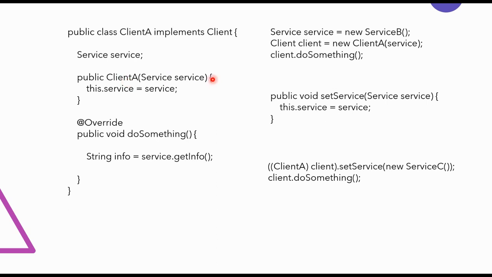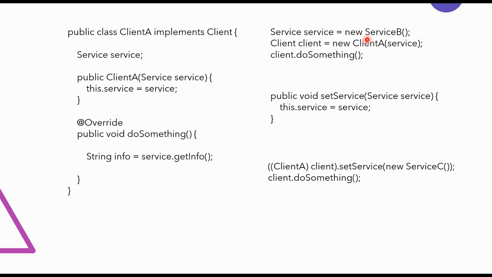As shown here, this is a service interface, and Client A no longer depends on a specific implementation of service. Instead of creating an instance of the dependent class directly in Client A, the dependency injection container or framework is now responsible for creating that instance and injecting it into Client A via its constructor.